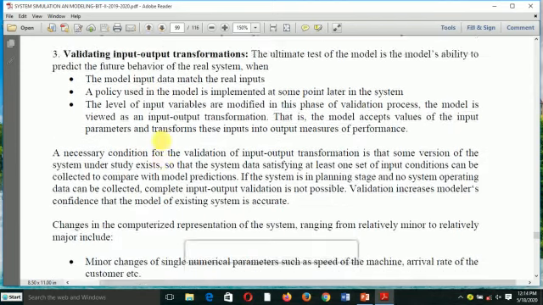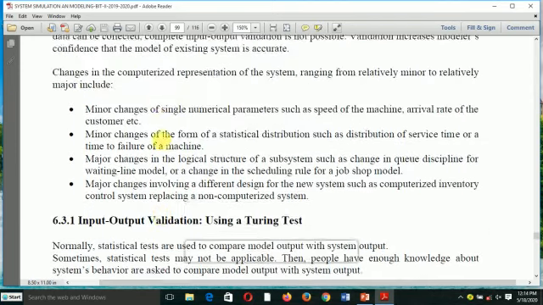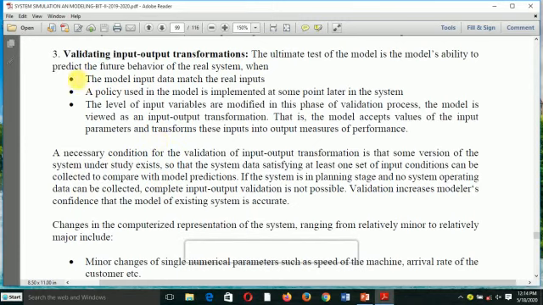So the third one is validation: input-output transformation. This is the ultimate test of the model's ability to predict the future behavior of the real system. Another test will predict how the system will behave when you have modified something inside the system.